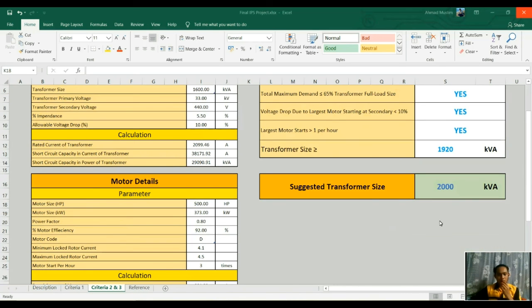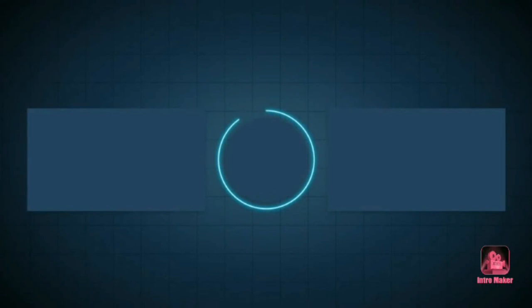So in this case, based on the technical calculation, the final transformer size suggested is 1920 kVA, but the exact rating is not available in the market. Thus, the nearest value that is higher than the actual value is chosen, which is 2000 kVA for the transformer size.